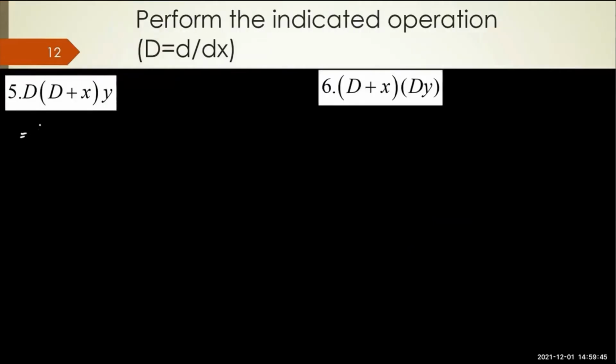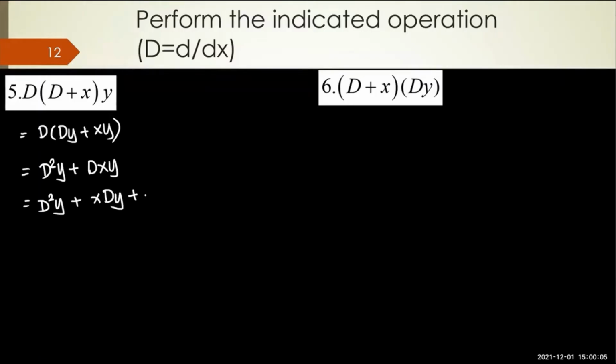This one becomes D squared y plus D of xy. So if you want to separate that, this becomes what? Copy the first, derivative of the second, plus copy the second, derivative of the first.